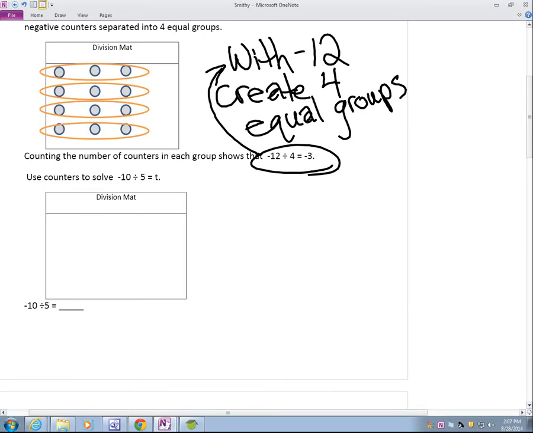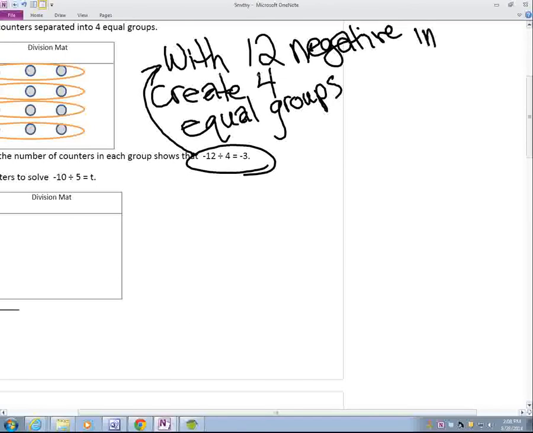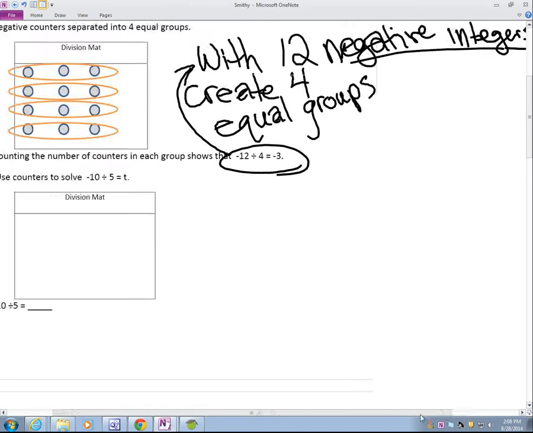Or another way you could do this, you don't have to write this part: with 12 negative integers, create 4 equal groups. That's just saying negative 12 divided by 4 in a different way.